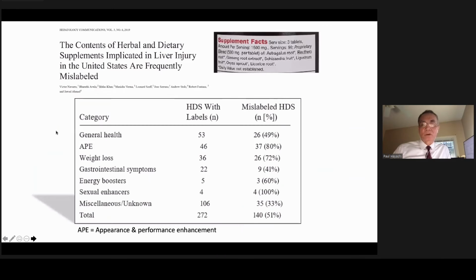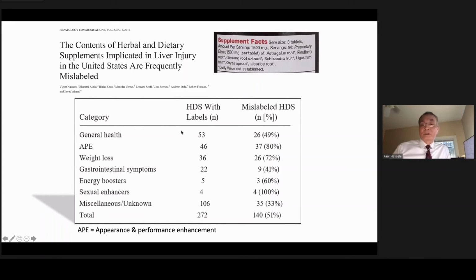And I think part of the problem with studying herbal medications, there are many, but this is probably the one that is most troublesome to me. This was done by the DILI network. When we have an herbal injury, we ask the patient if they would please give us the product so we can analyze it. All these collected products are then sent to the University of Mississippi, where they are analyzed by high performance liquid chromatography.